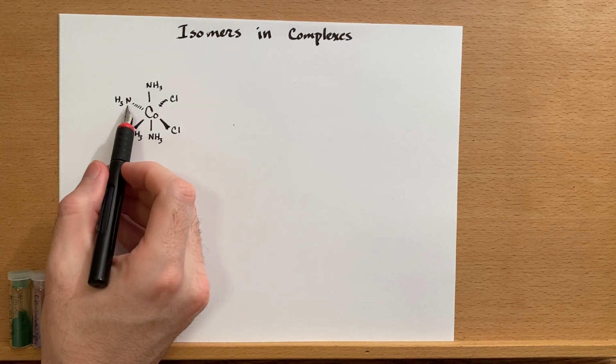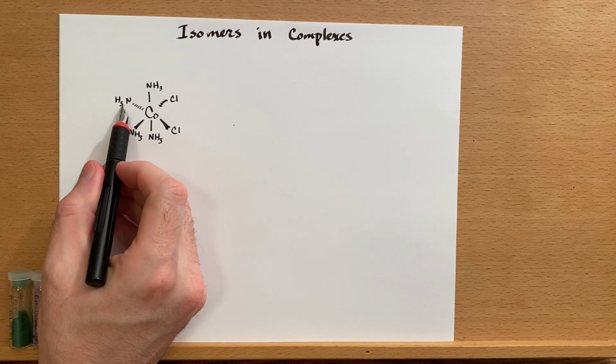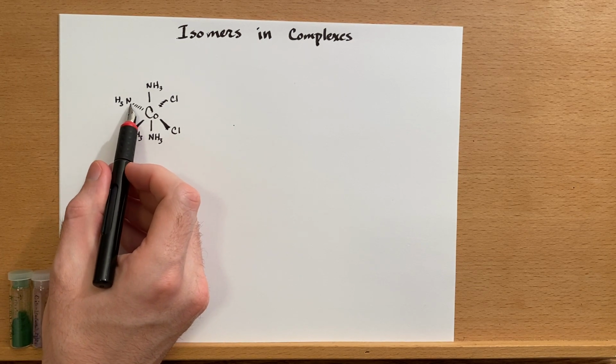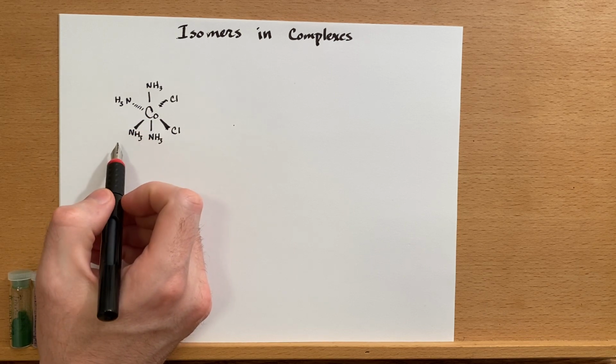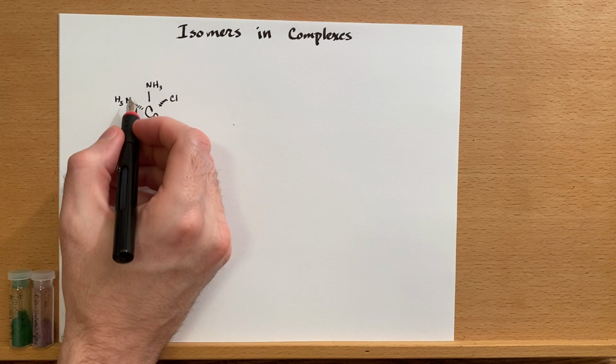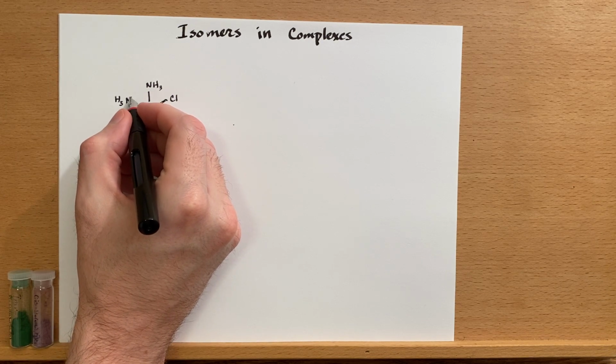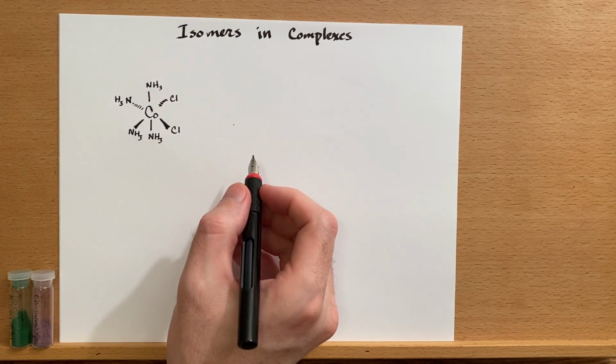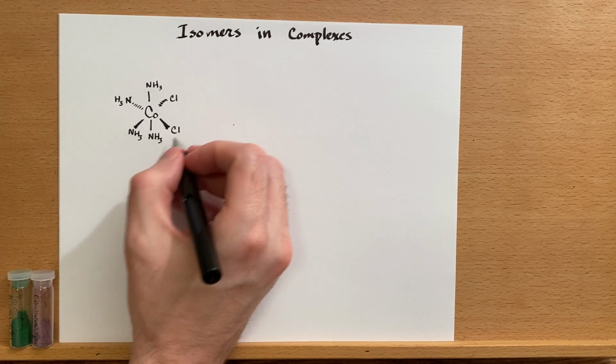Now, you might wonder why I write this H3N, and that's simply because the nitrogen is doing the bonding to the cobalt. And over on this side, it's just the way to write it. Now, this is the cis configuration.